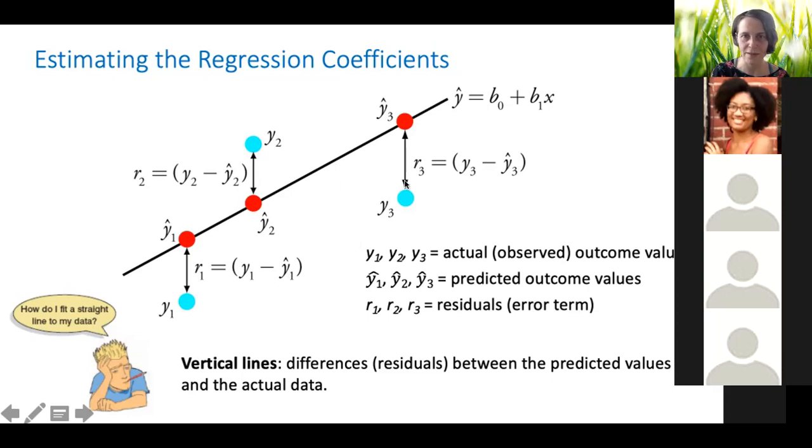This is the vertical distance: how much the actual y value deviates from what has been predicted based on our regression model. Prediction is always on our straight line here.